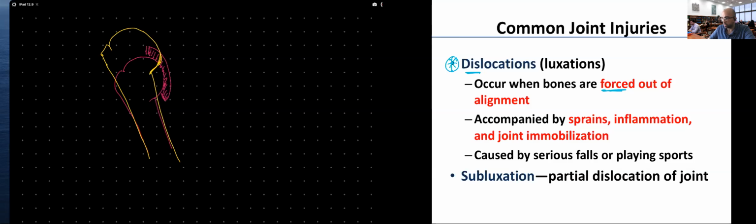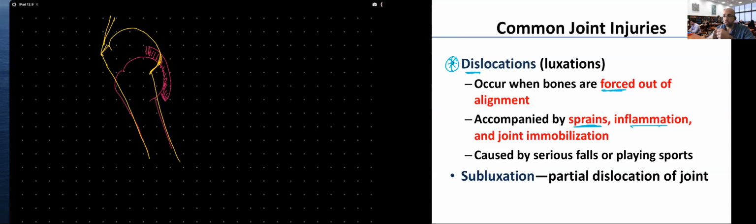The dislocation is going to be accompanied by sprains, inflammation, and joint immobilization. Because remember, I have a bunch of muscles that are attaching themselves to the humerus. So whenever I have a dislocation, there will be a stretch of their tendons and a stretch of the ligaments that are attached to the bone.